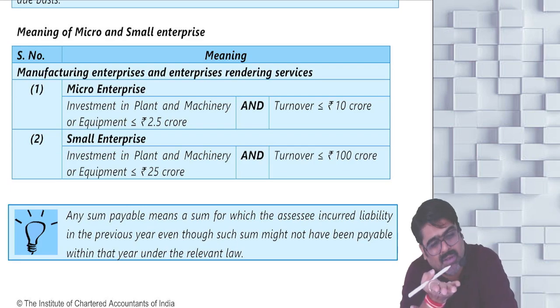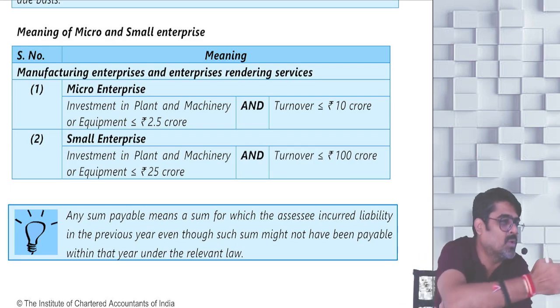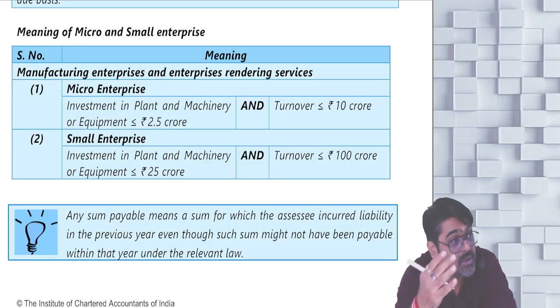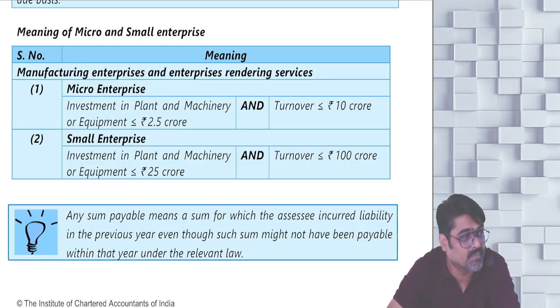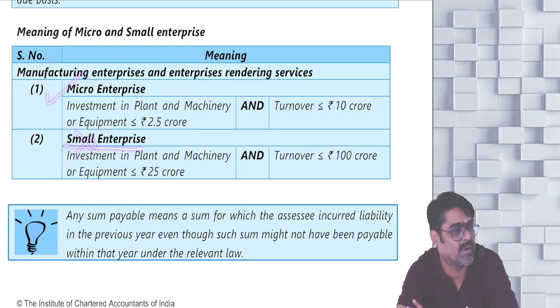What if the investment in plant and machinery is less than or equal to 2.5 crores and turnover is also less than or equal to 10 crores? Then that enterprise will not be a small enterprise, that will be a micro enterprise.